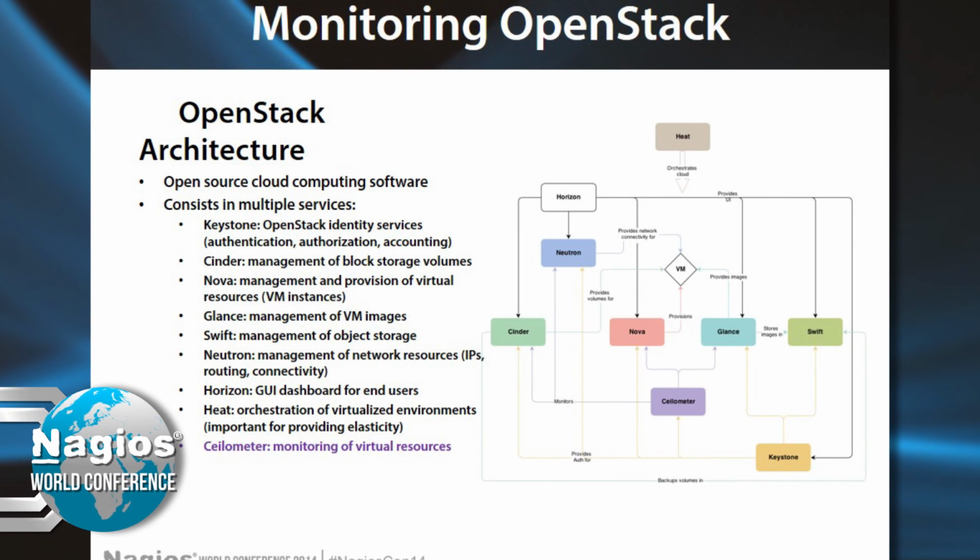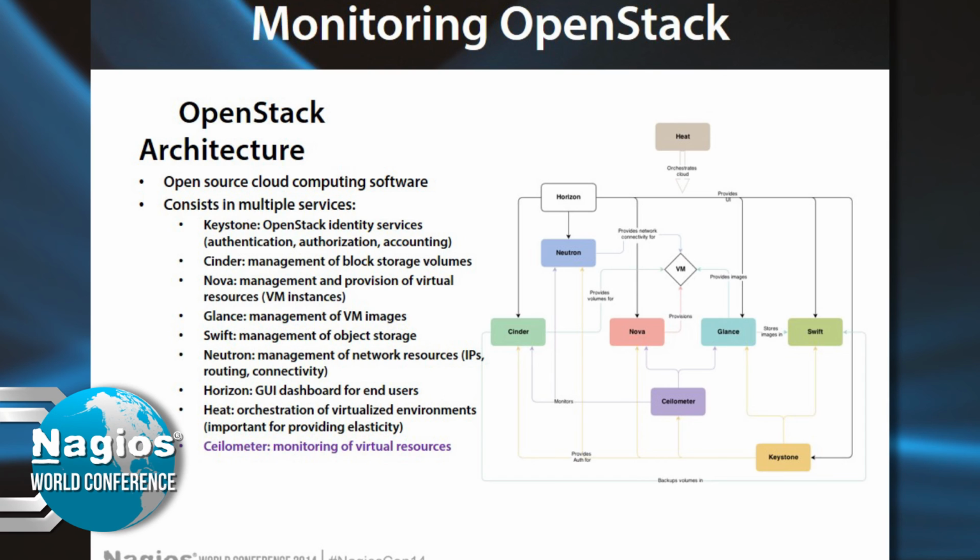And now to the Openstack architecture. Openstack is an open source cloud computing software which consists of multiple services which have their function inside the cloud environment. They all provide a virtual machine. That's the main reason: we provide virtual machines inside this cloud environment.